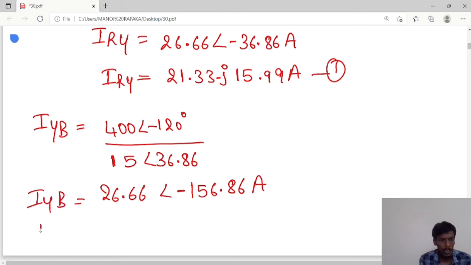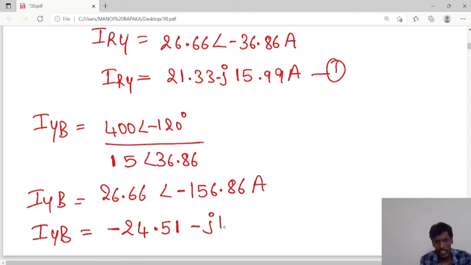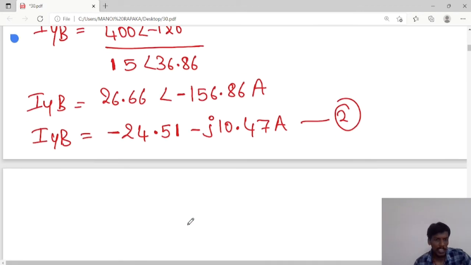IYB in polar form is 26.66 at minus 156.86 amperes. In rectangular form, IYB equals minus 24.51 minus j10.47 amperes. This is IYB, and the last value is IBR.